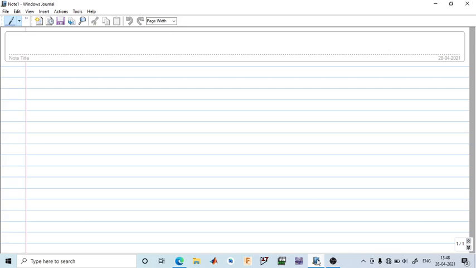So I am just drawing a parallelogram. Suppose this is a parallelogram. I am writing the equations.